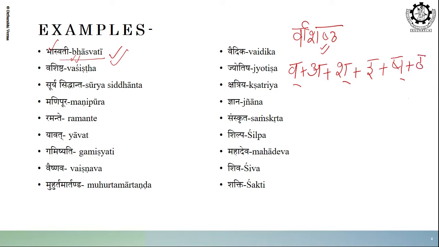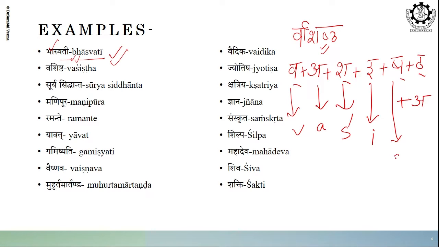Then tha, halant, and at the end akara. In the same way we write V for va, A for a, then S, ikara is I, then murdhanya sha S with a lower dot, tha is T with a lower dot, then H, and the last one is akara, that is A. So, in this way we get the transliterated version, Vasishtha.